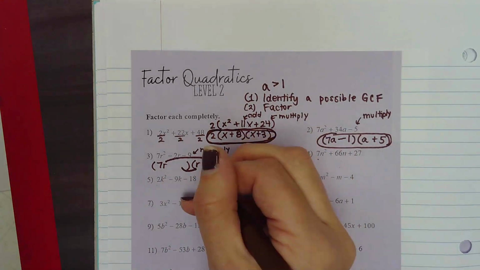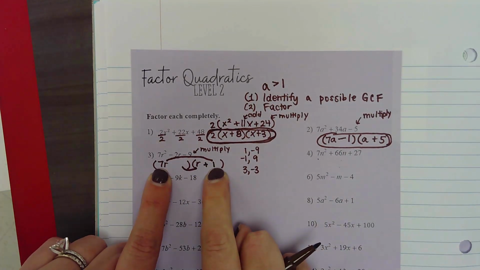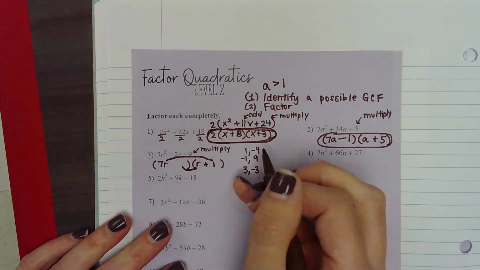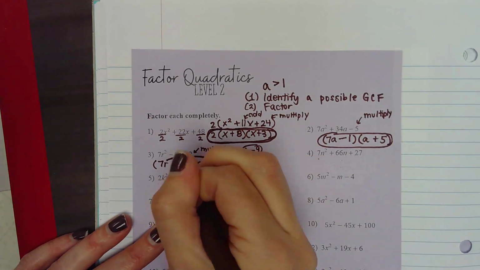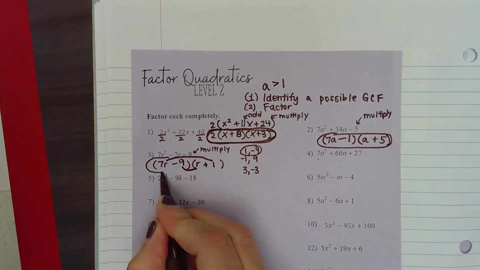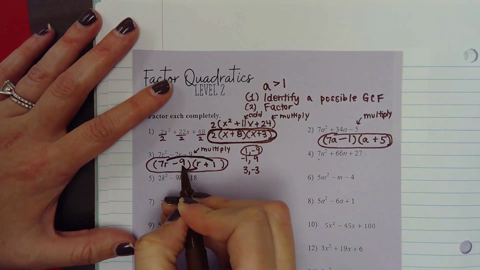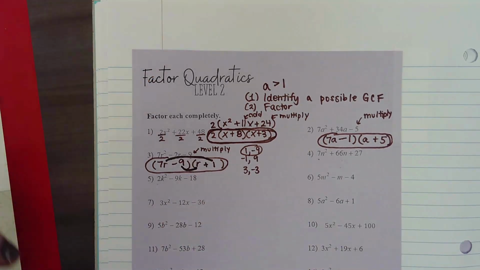Now I know I'm going to be putting +1 here, because I get 7. And the inside, +1 and -9, when I double distribute, I will get the standard form back. So you always look for the outside and the inside to add up to that middle term.